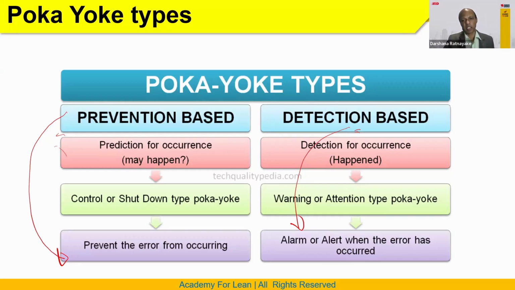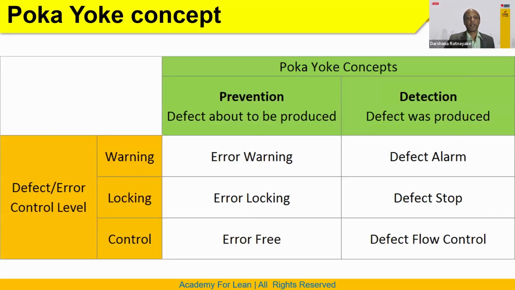We can understand this is a very big subject that comes under BIQ, the error proof, right? So we'll go for a little more understanding about these two at a high level. Prevention: it warns of errors if the detect control level, then error locked and error free. With prevention, no error comes.